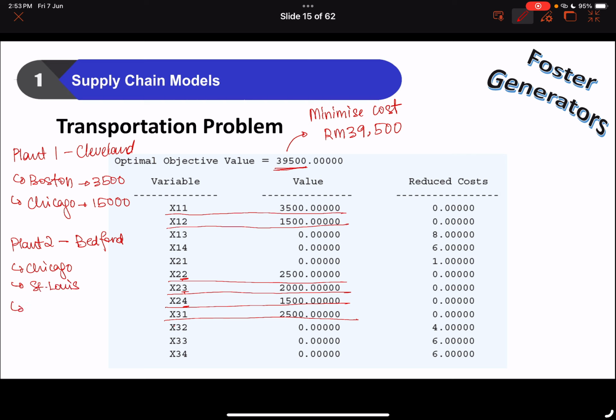And then the last one is Lexington. To Chicago, they will send 2,500 units. To St. Louis, they will send 2,000 units. And to Lexington, they will send 1,500 units.